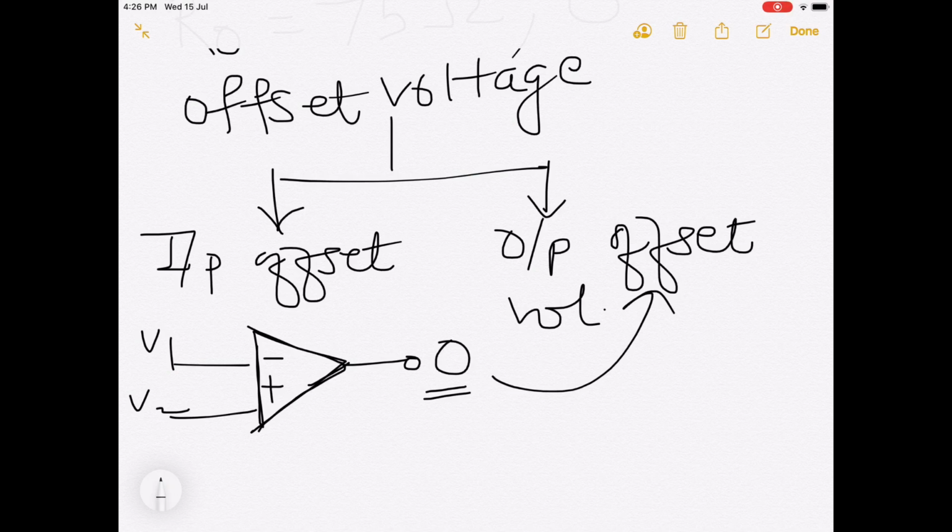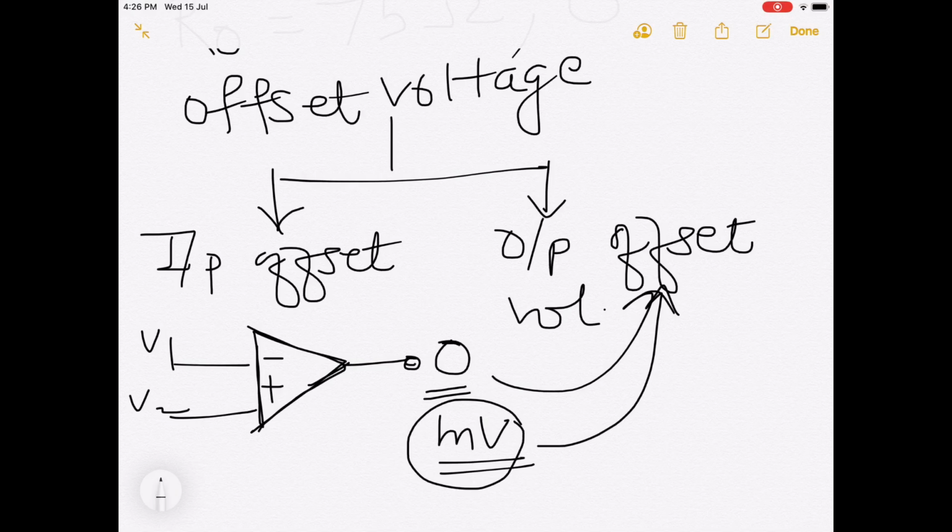Though there is no input, there is some output voltage, and that voltage will be in millivolts. That voltage is called output offset voltage, and to nullify it, we have to apply some voltage between these two terminals V1 and V2. That voltage is called input offset voltage.